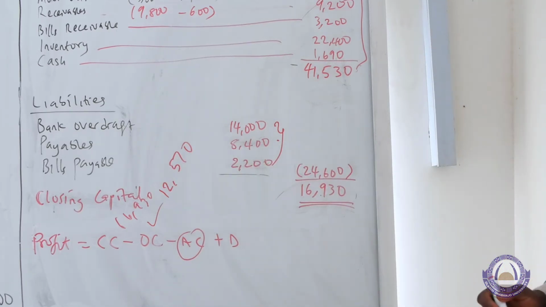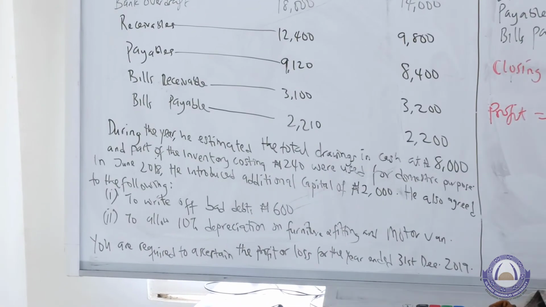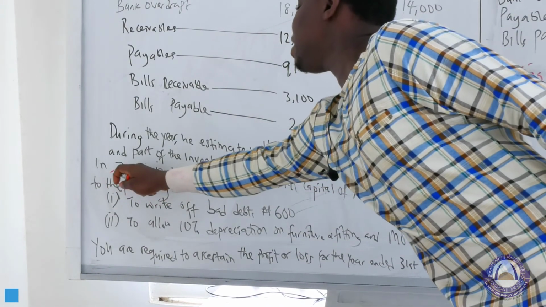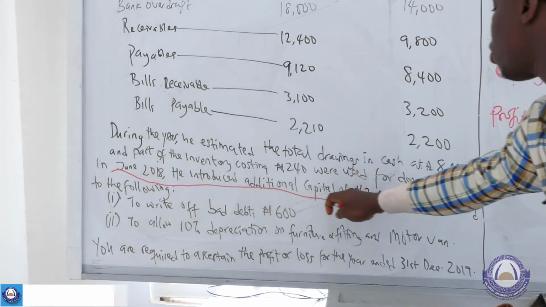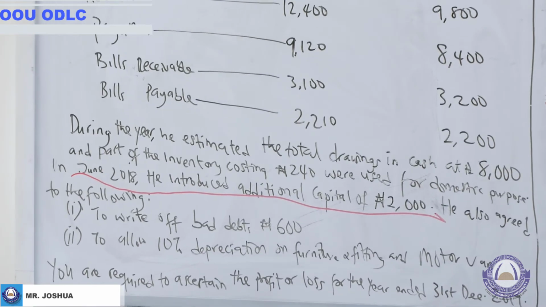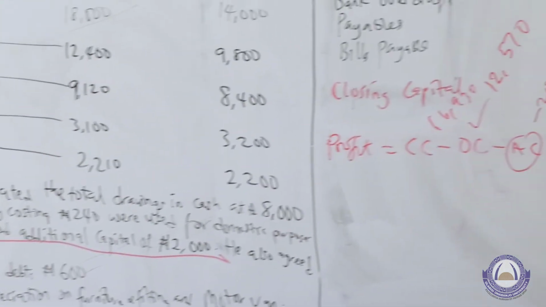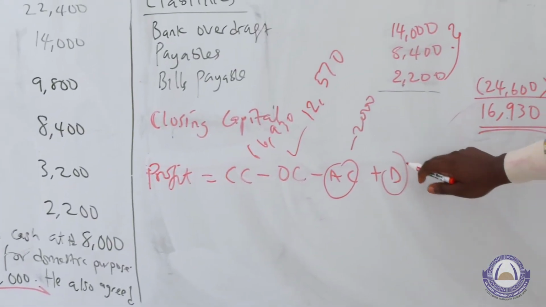In the additional information, we see that in June 2018, Mr. Okpe introduced additional capital of 2,000 naira. So there's an additional capital of 2,000 naira, and we have to check again if there is drawings.